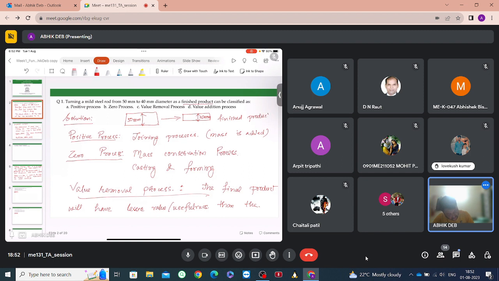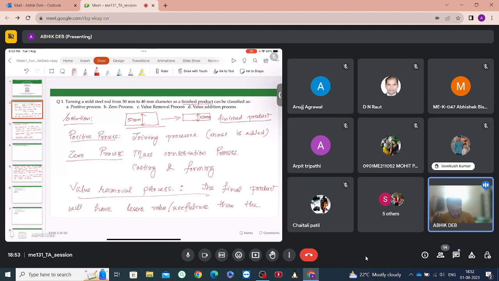This finished product has a higher usage, its value is higher than the initial 50 mm product. How? Suppose this rod is to be fitted into a hole which has a diameter of 41 mm.